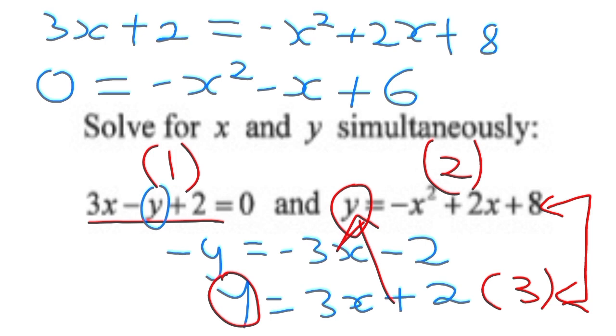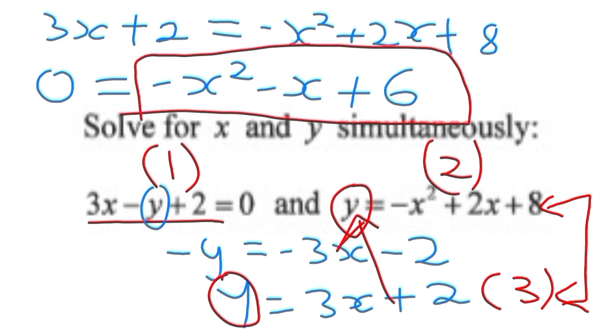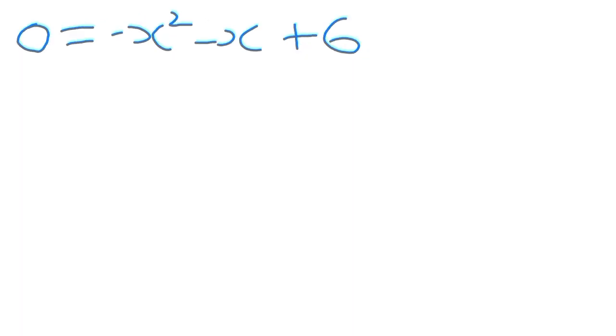So it is clear now we are going to factorize this equation here in order to find the value of x. So let us get to that right away. Before we factorize, good people, we have to remove this negative sign here. How do we do that?